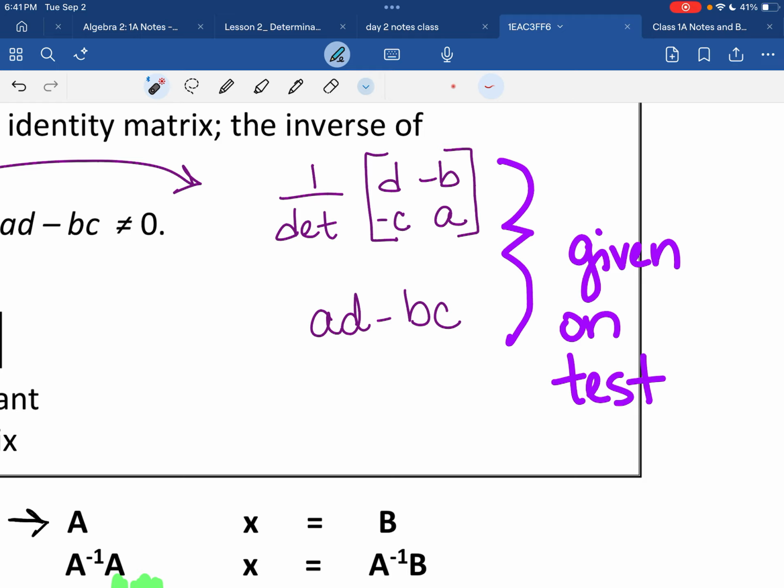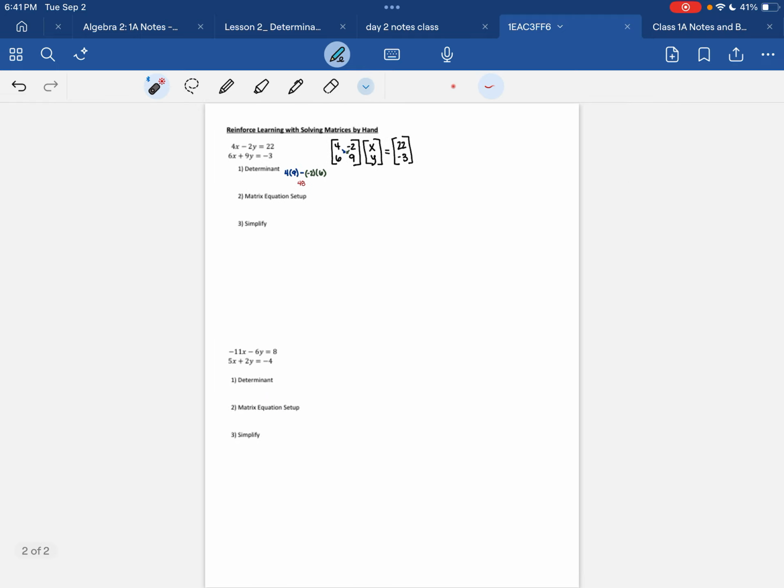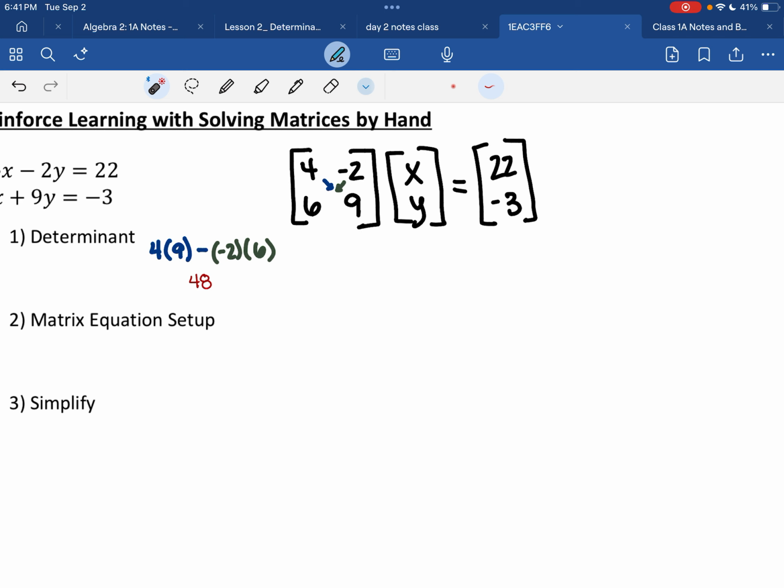With that, we're going to just show our work and set up that matrix. So it's 1 divided by our determinant, which is 48. And then the matrix that I still need to create for my inverse.